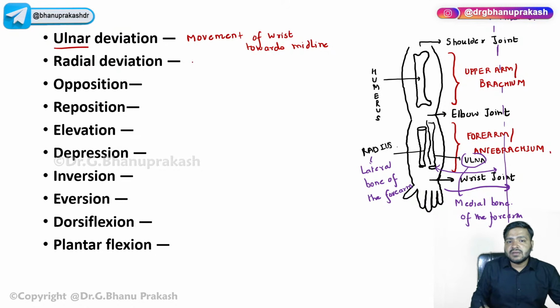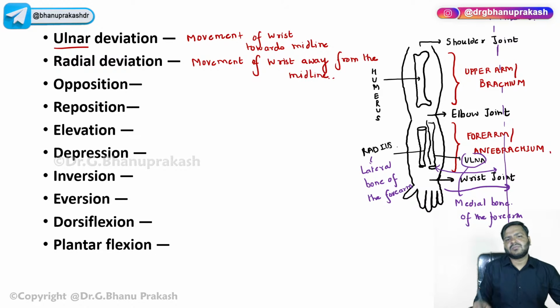And radial deviation means movement of wrist away from the midline. Movement of wrist away from the midline, right? So yes.